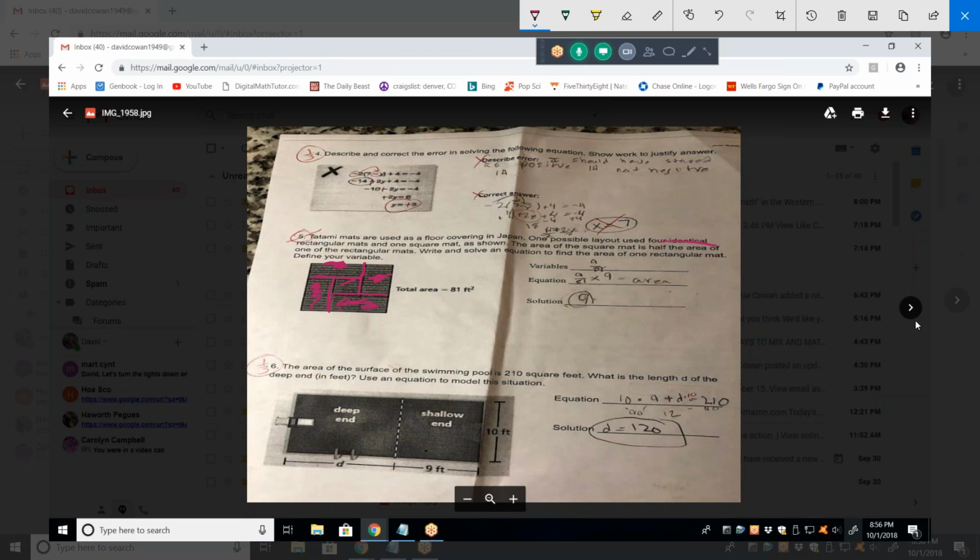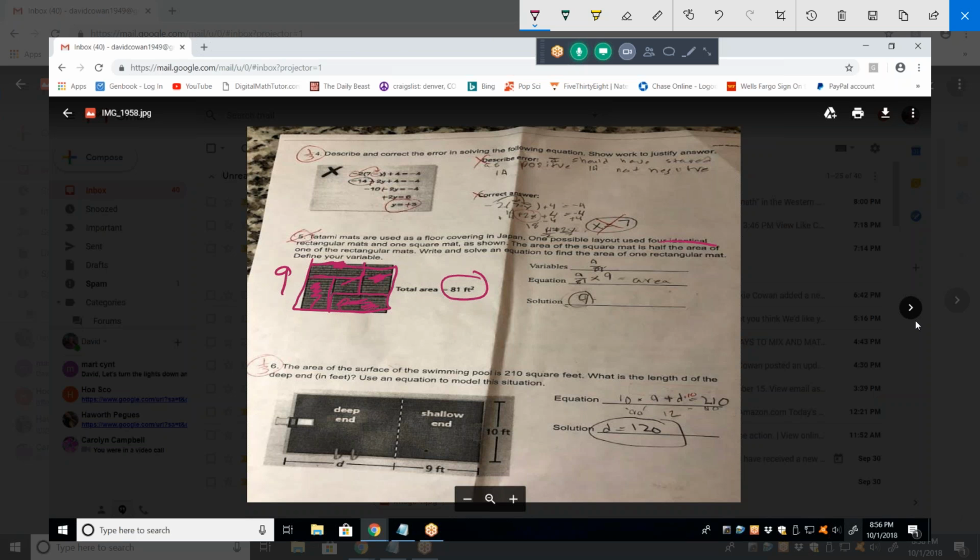Now, that thing is a square. The whole thing. That thing is a square. What's the side of each square? If the total area is 81 square feet, how long is each side? What's the square root of 81? 9. Okay.